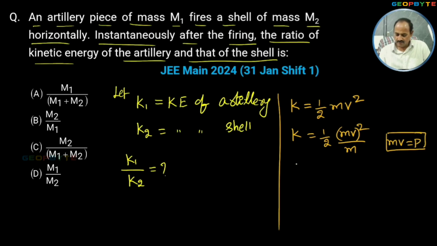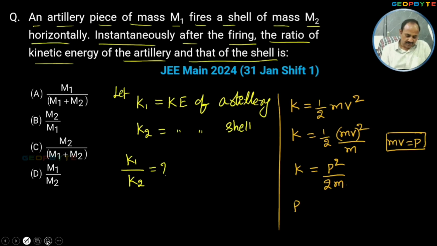Kinetic energy K equal to P square by 2m. But momentum remains constant. Linear momentum remains constant. Let me write in the other slide.